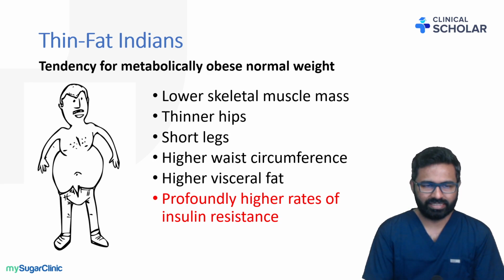When central obesity is there, there will be corresponding visceral fat inside the abdomen, and this leads to higher rates of insulin resistance and various components of metabolic syndrome.